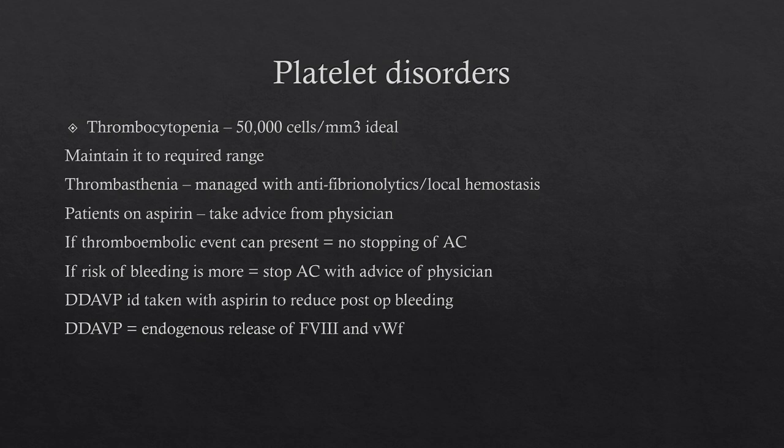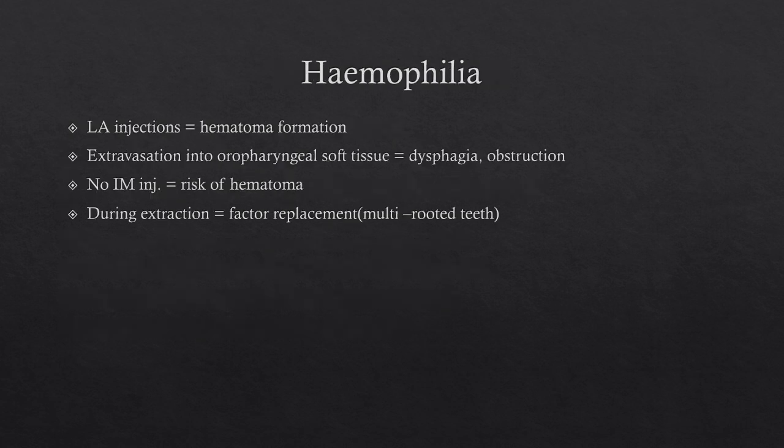If the risk of a thromboembolic event is more, you shouldn't stop the aspirin. If the risk of bleeding is more, you stop the aspirin only on the advice of the physician. Desmopressin is taken with aspirin to reduce post-op bleeding. Desmopressin increases endogenous release of von Willebrand factor and factor VIII.